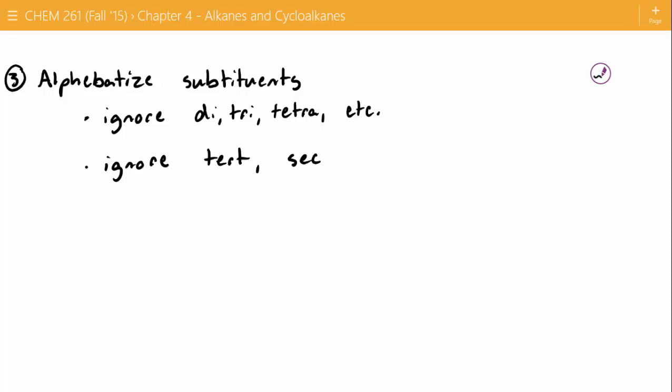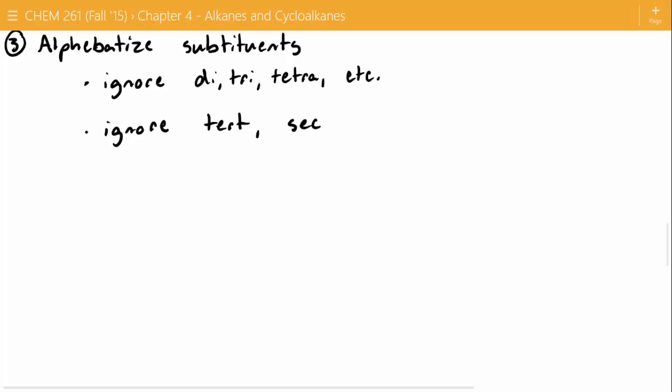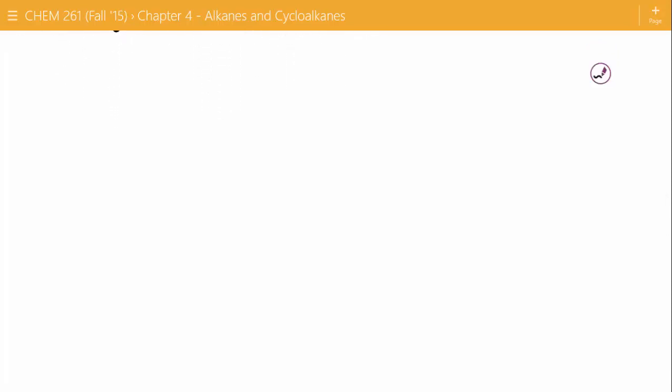All right, let's take a look at one example before we get started. And I want us to name it. So the first example is actually the one I gave us before, and we need to come up with a name for this. So what's the longest carbon chain? 6, right?